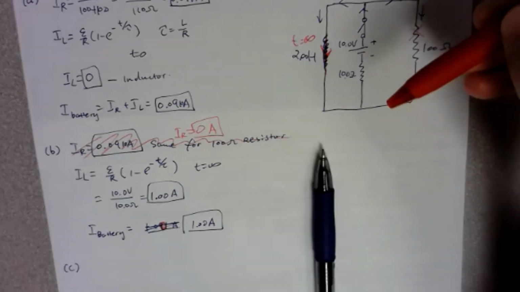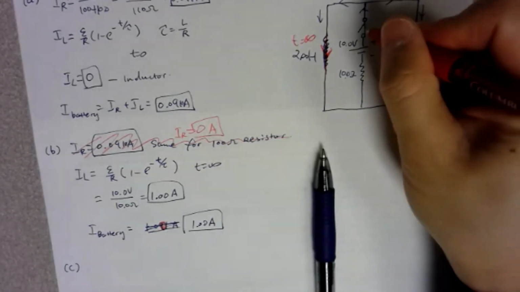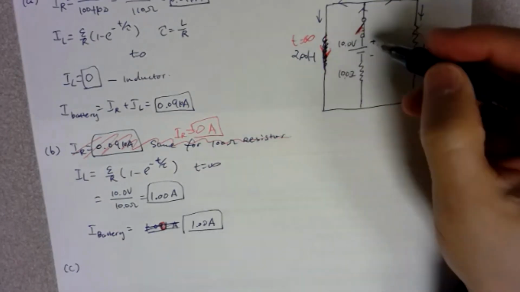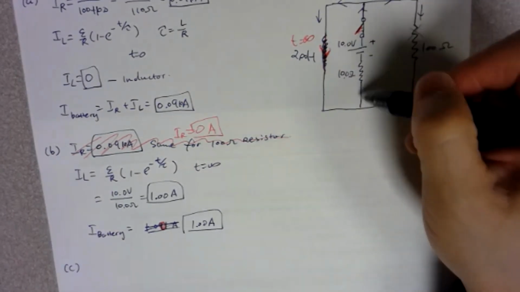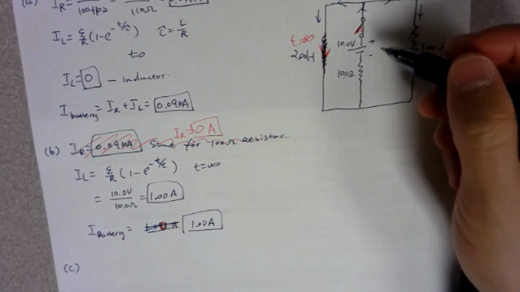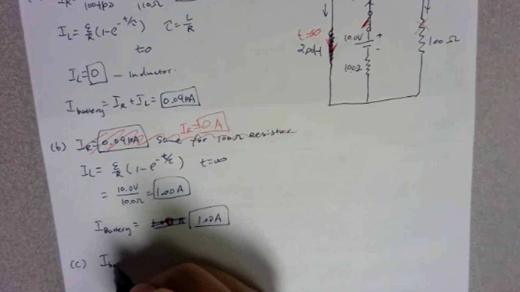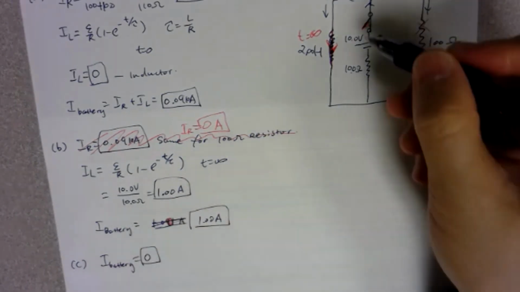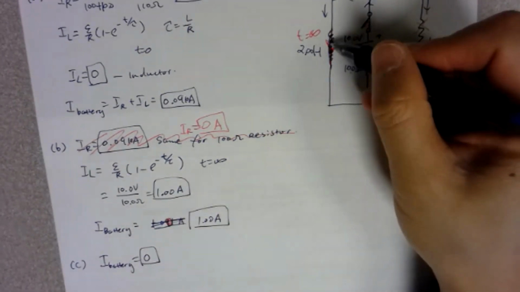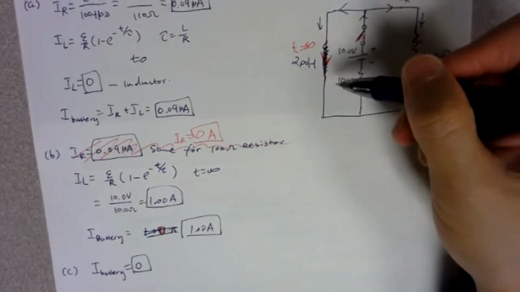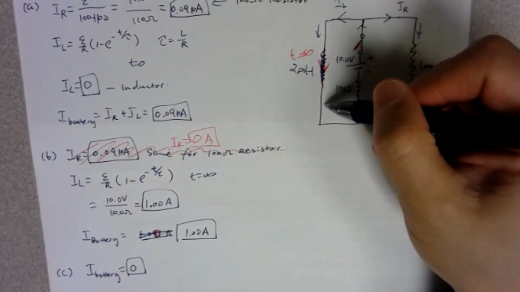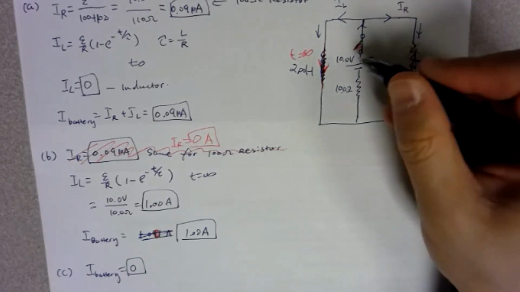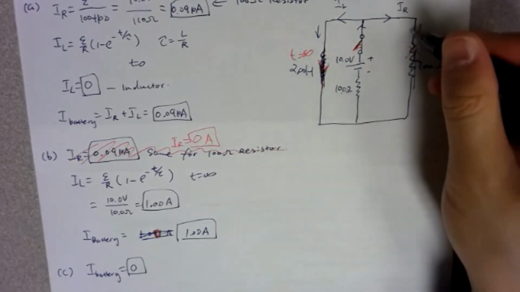So if this is open, then this branch is cut off, so there should be no current in the battery. The battery should have 0 current. Initially there's current going through there, so there's energy stored in the inductor. It will now go through this guy, so it's consumed by this one. Current goes down here and then goes up there.